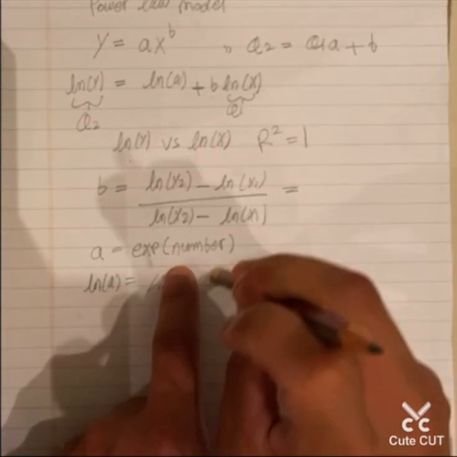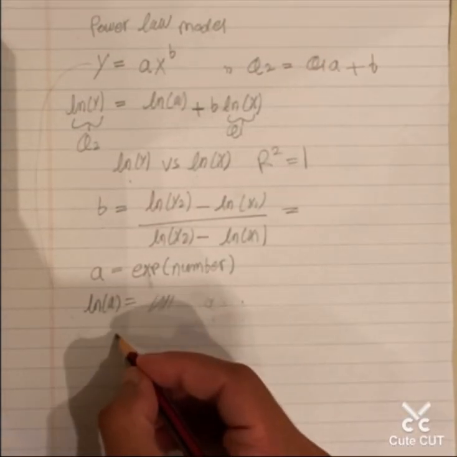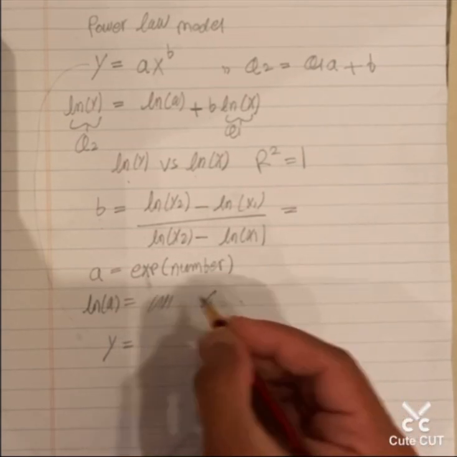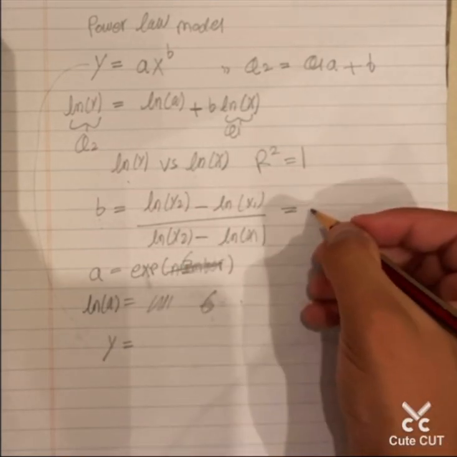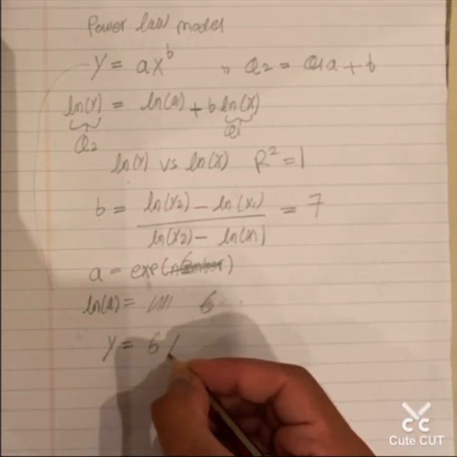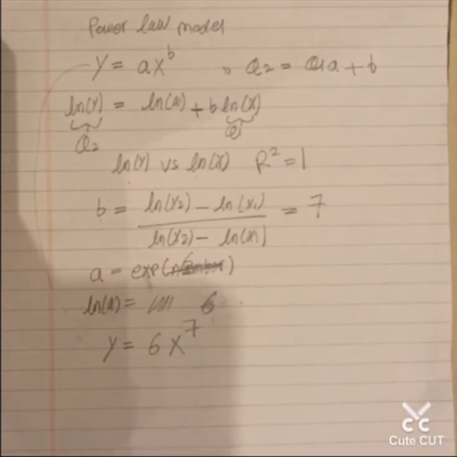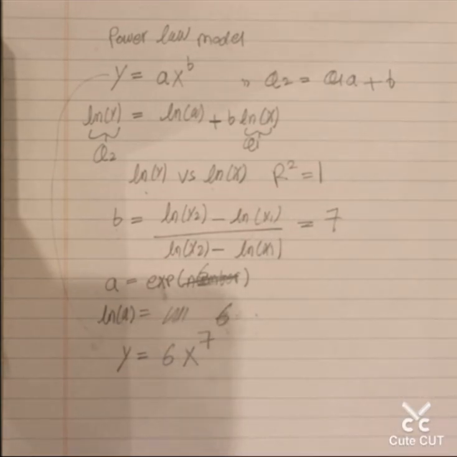So after you find a, you find b, you resubstitute it again here in the above equation, and then you have something of the form y equal to, let's make this number maybe 6, exponent of 6. Here b will be 7 maybe, so it will be 6 x to the power 7. And we're claiming that this equation will describe many of the unknown data that we face in engineering. So that's why we are introducing the concept of power law model and exponential model.